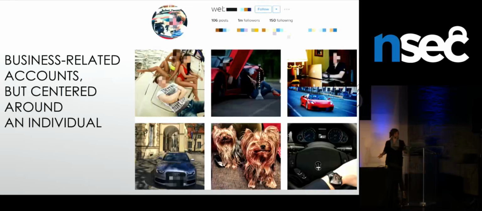Then we found business-related accounts that were centered around individuals. That's probably a result of the fact that we're dealing with Instagram and it's only pictures that are being posted. But we found lots of people who were there for economic purposes, for business, for contracts. But in the end, they were just posting pictures of themselves, chilling out on a boat with girls and showing their wealth. This guy is an example.